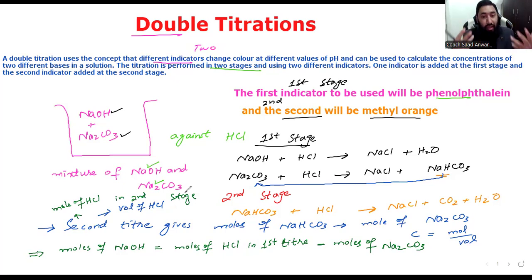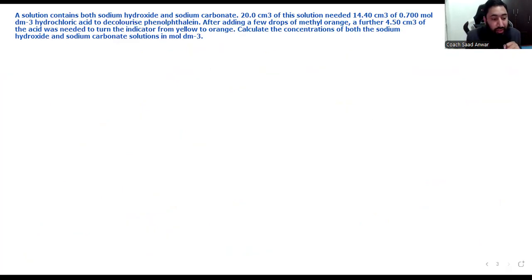Now we will do a calculation question. So this is the question. In this question, guys, a solution contains both sodium hydroxide and sodium carbonate. Here the volume of this mixture I'm mentioning is 25 cm cube.